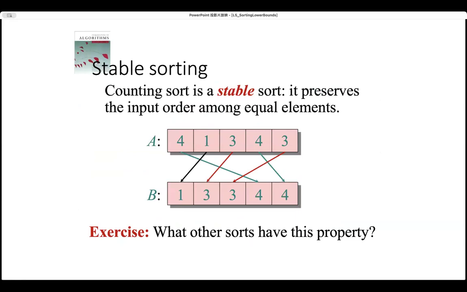Naturally we will have a question to answer. What other sorting algorithms that we have talked about maintain a stable sort? Anybody tell me? Is insertion sort a stable sort?